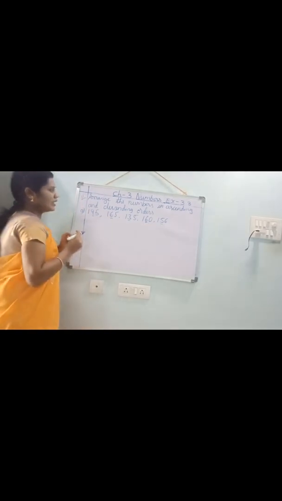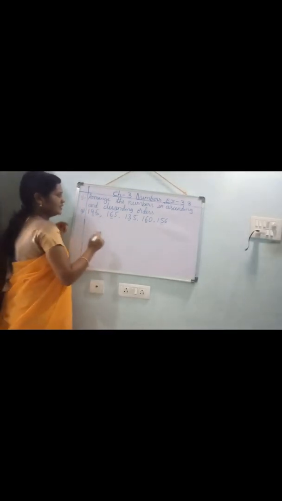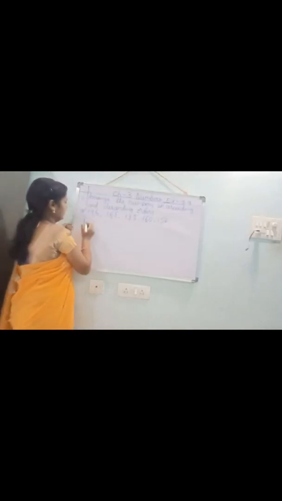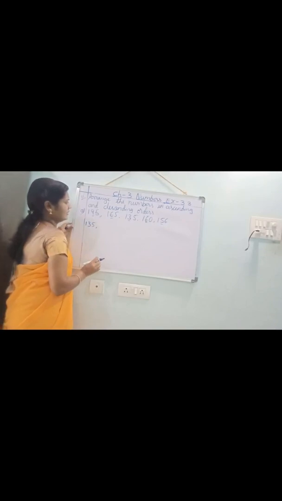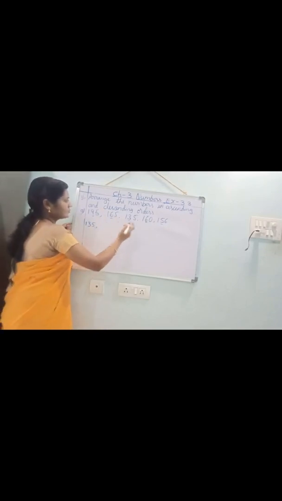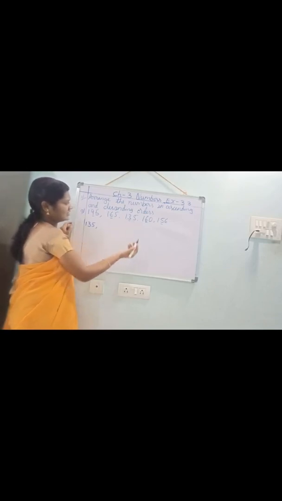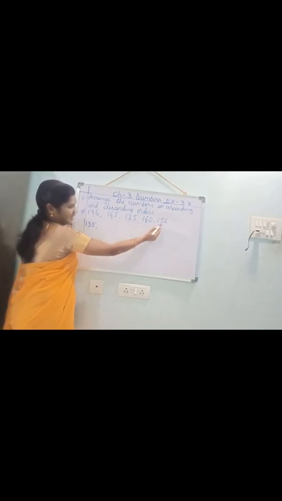Which number is the smallest in this? 3 is the smallest number. Now, 135 is the smallest number. Next, which is the next number? After 3, which is next? 5.